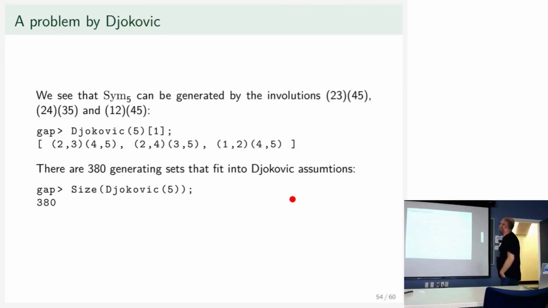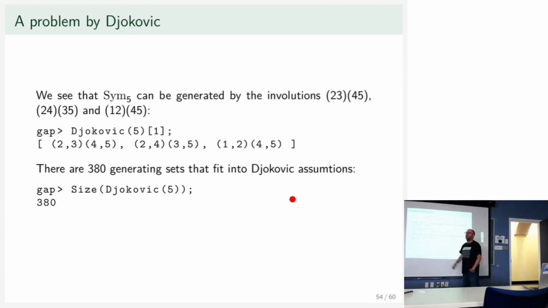And then, let's play a little bit with this. If I apply this to S5, of course, I can see, for example, that S5 is generated by this and this, right? This is what I get. And I have 380 generating sets that fit into this problem.